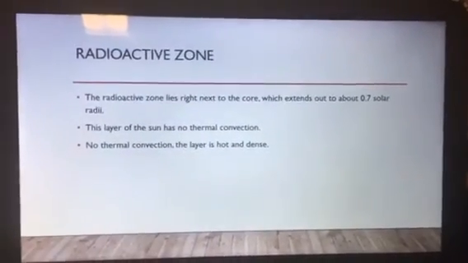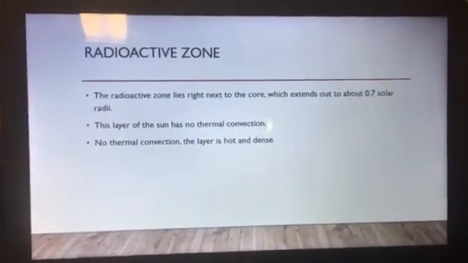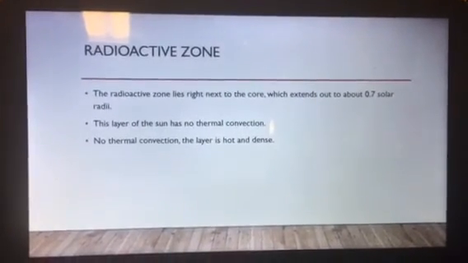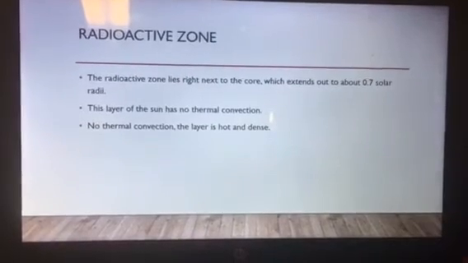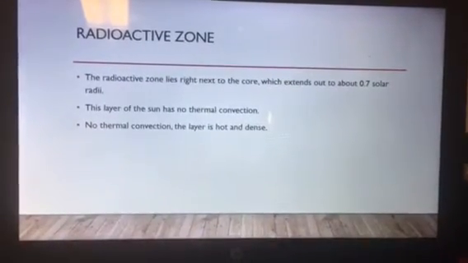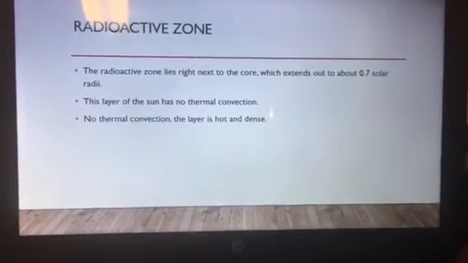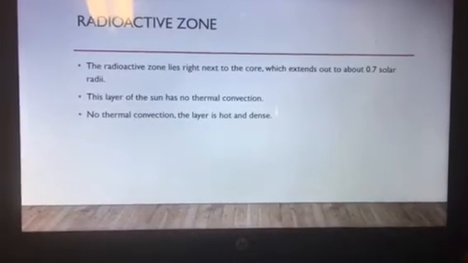So the radioactive zone is what is next needed for the sun. This layer of the sun has no thermal convection, even though it has no thermal convection, the layer is still hot and dense.